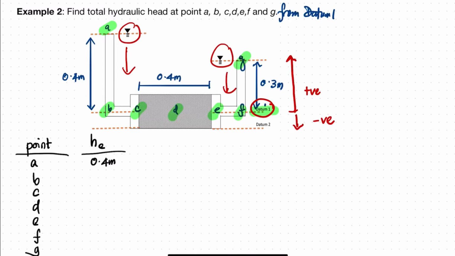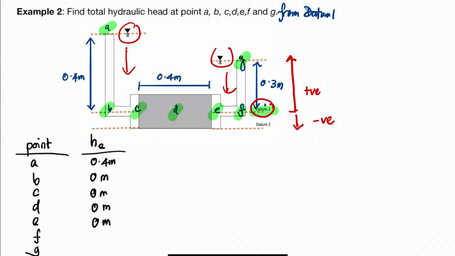So the elevation is going to be 0. C also 0 because it sits on the datum, no elevation. D is also 0 meter. E is 0 meter.